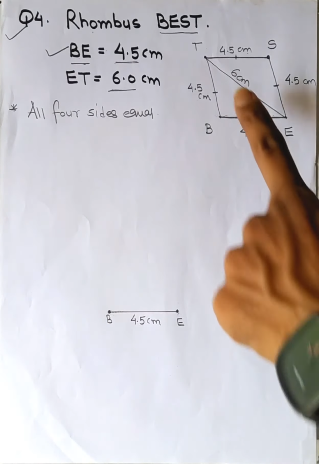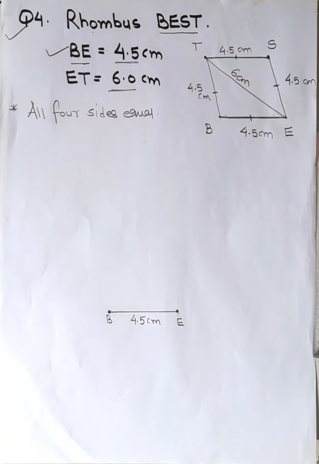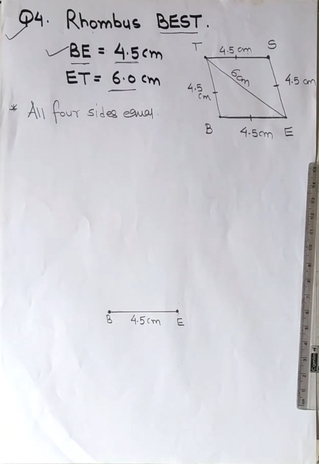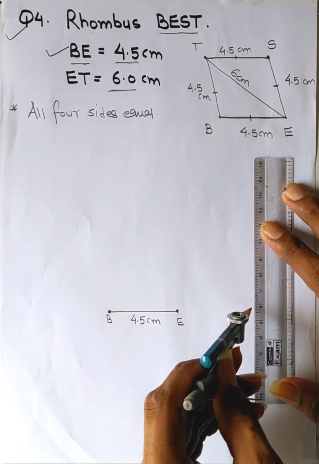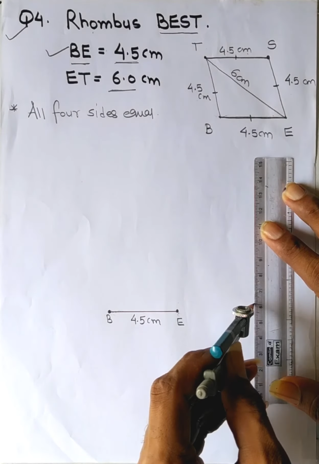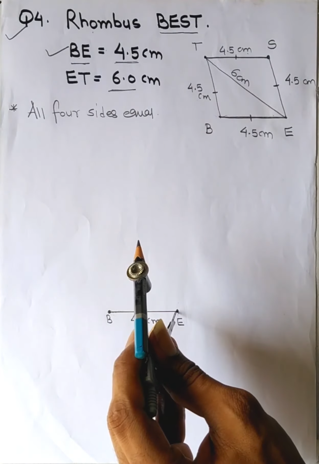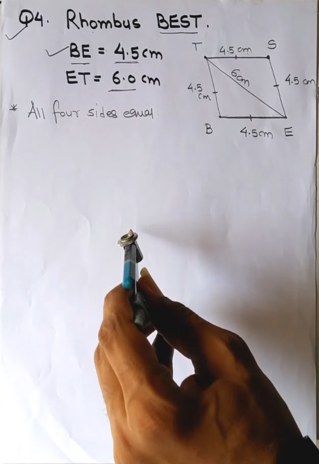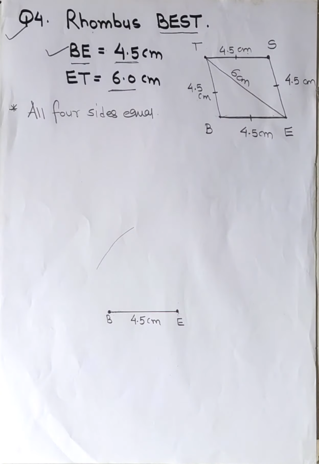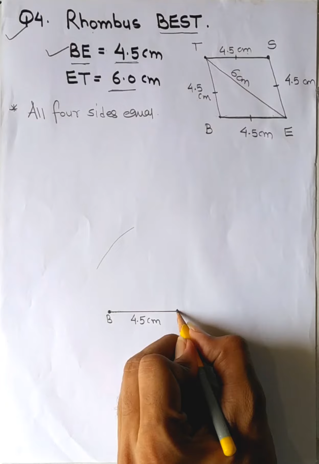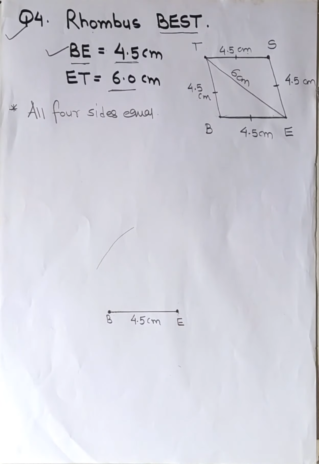Now let us take 6 centimeter to draw ET. So 6 centimeter we will be taking very carefully from 0 to 6, and with center E I will draw an arc of 6 centimeter. Clear? Now we have drawn an arc of 6 centimeter.